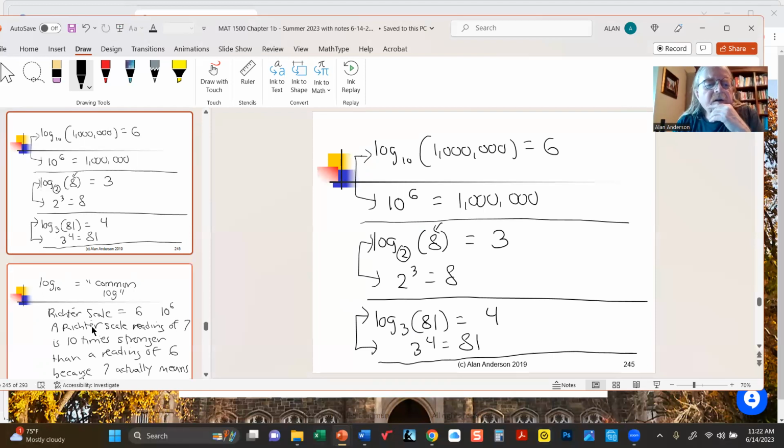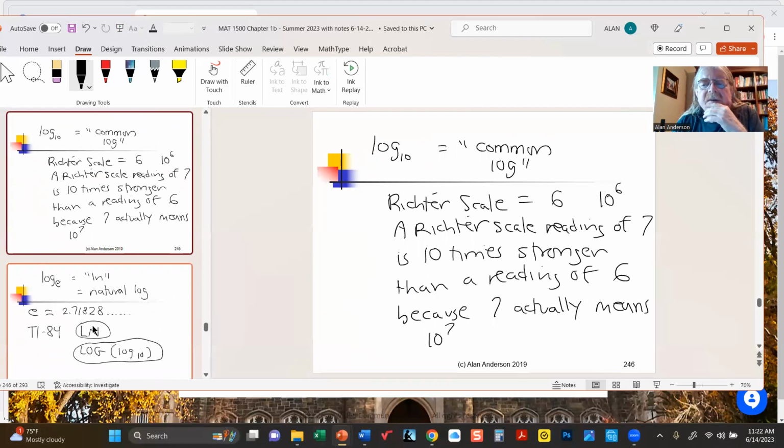Now, I just want to mention here, sometimes log base 10 is referred to as a common log, partially because we see it on a regular basis. Like, for example, the Richter scale, which you've probably heard of, which refers to the strength of an earthquake. You may have heard that going from one number to the next, for example, 6 to 7, means the earthquake has gained in intensity by a factor of 10.